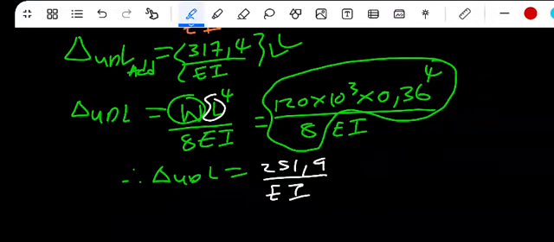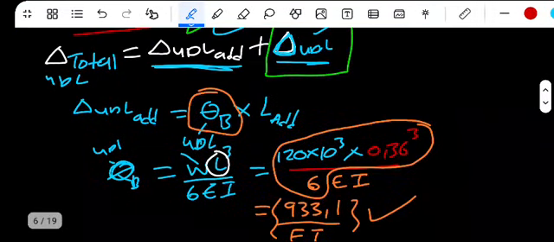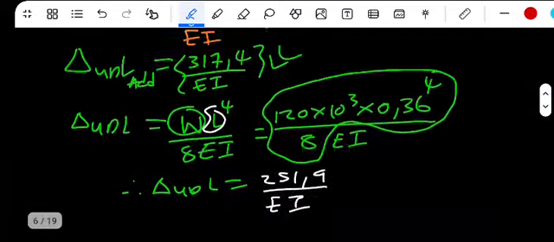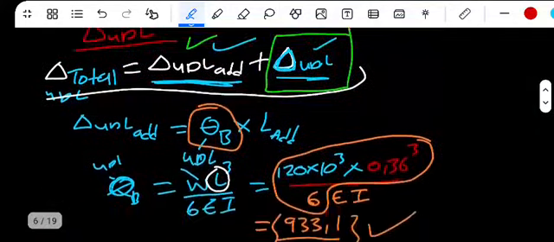So let us find the total. This is the equation that we'll use. Remember, we are under the UDL.